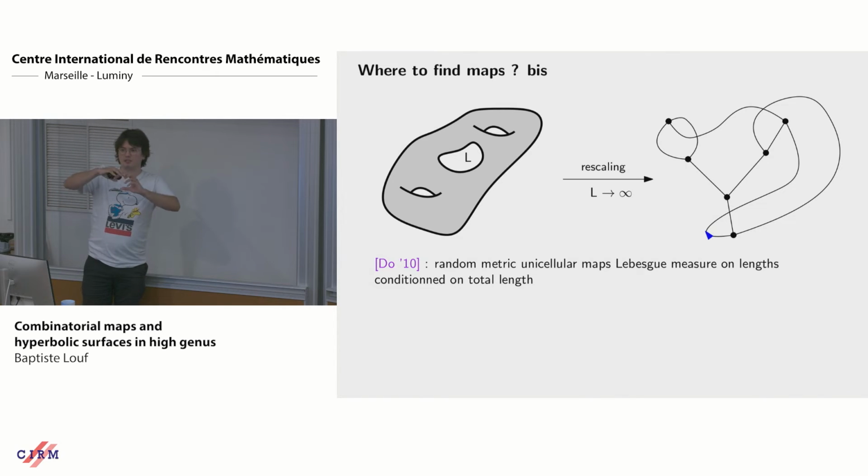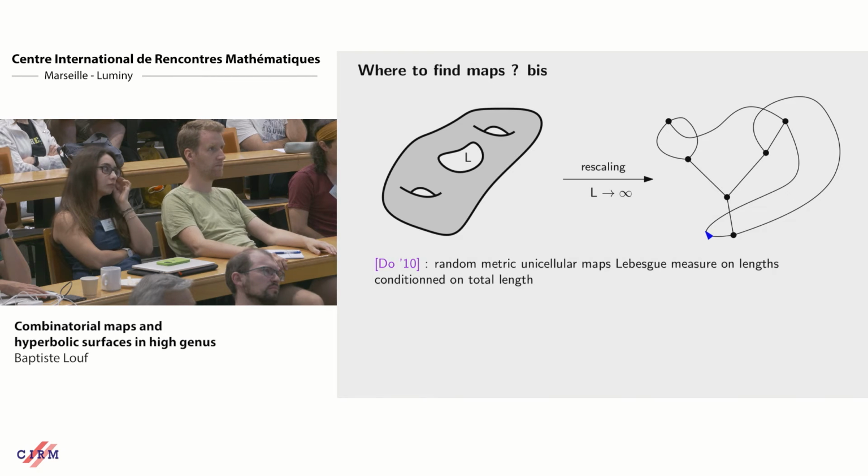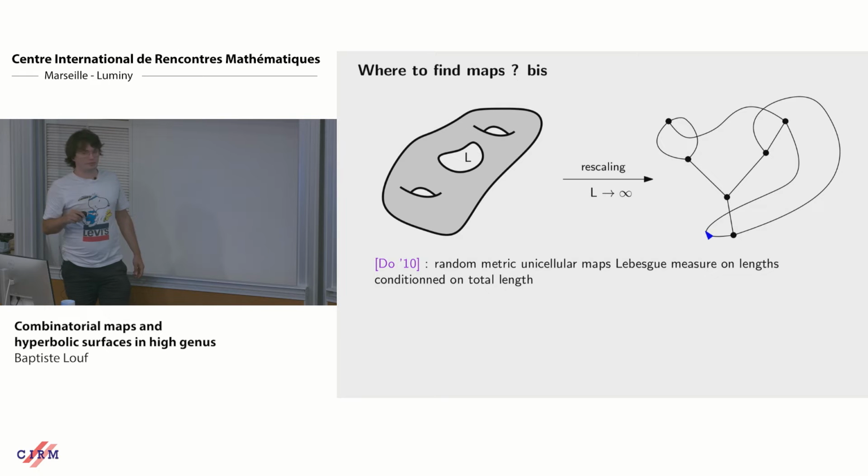So basically the boundary is going to grow, and it's going to get closer and closer to itself. And if you do some proper rescaling of the edge lengths, you get a random metric map, again with only one face because there was only one boundary. And the measure on these things is the Lebesgue measure on the lengths, just conditioned on the total length that you impose, so the L rescaled. This is a result of Norman.